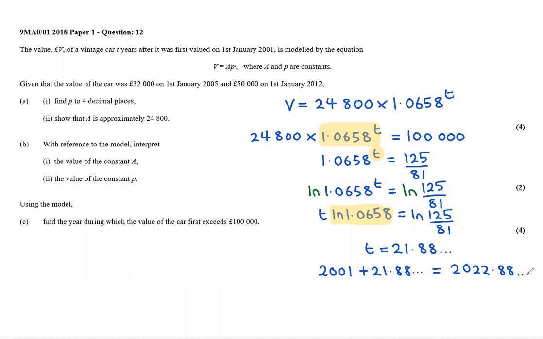So it's coming to the £100,000 mark towards the end of 2022, but it will exceed £100,000 in 2022 as well. All I have to do is make this decimal just ever so slightly bigger, and the value will exceed 100,000. So the year is going to be 2022, which is this year. Okay, so that concludes question 3.